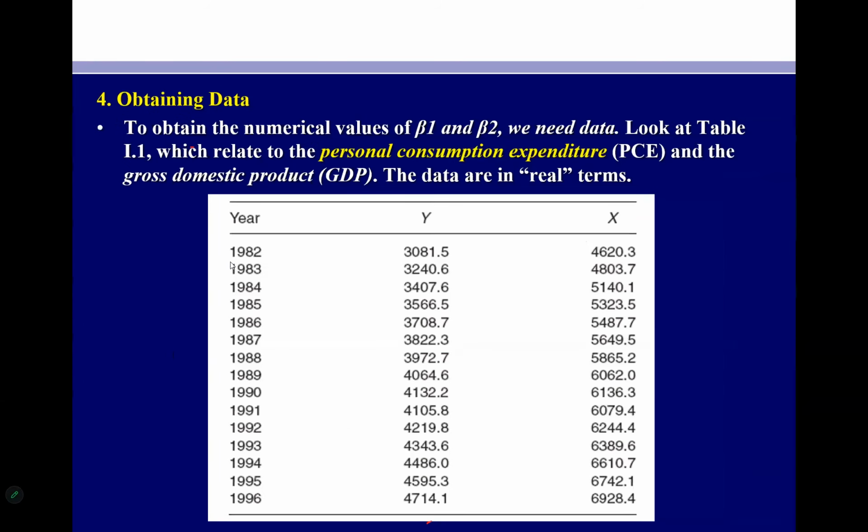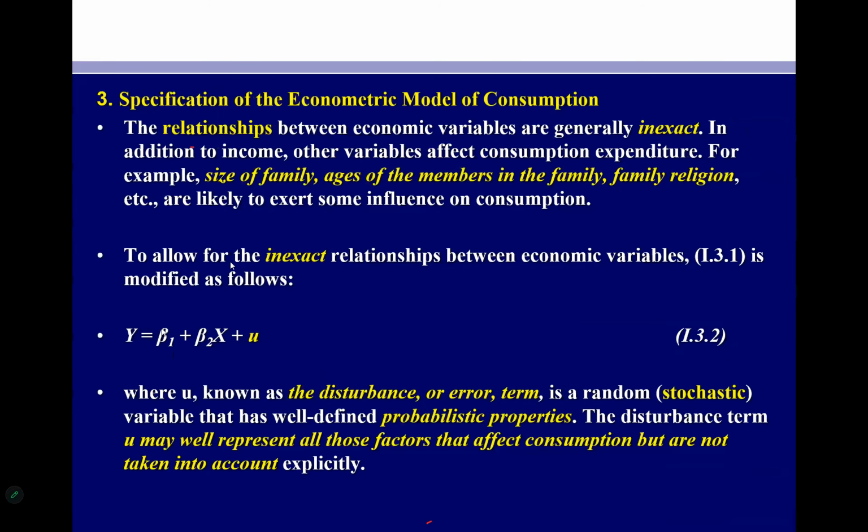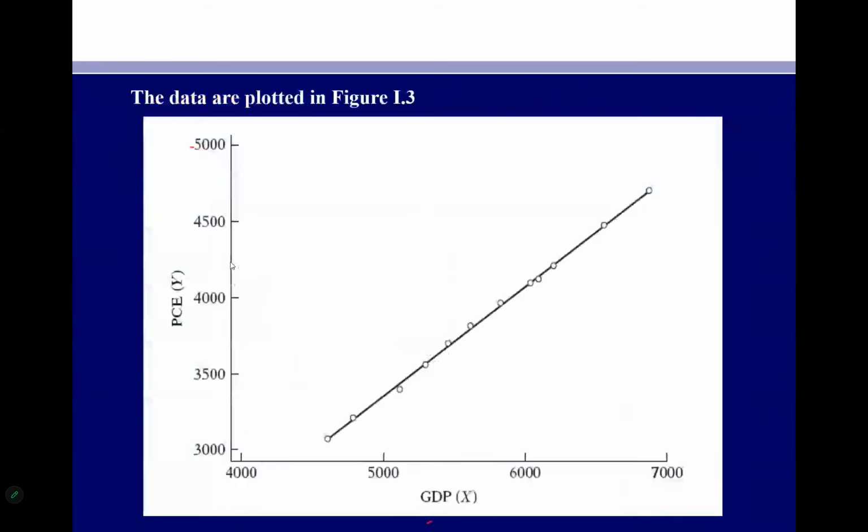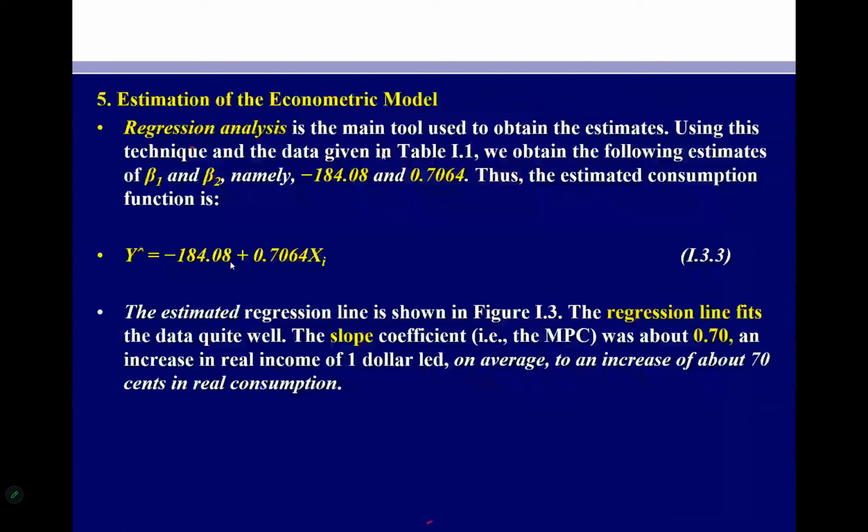In the next session, I will explain how to get the values for beta 1 and beta 2, but just assume using this data, we estimate the model and the value of beta 1 and beta 2 is here. The value of beta 1 is the intercept, the value of beta 2 is the slope.